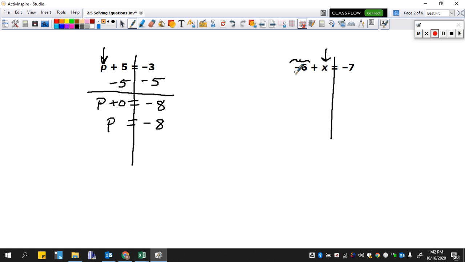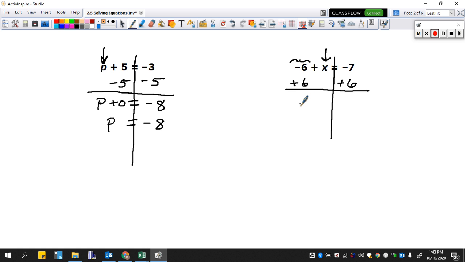The opposite of a negative 6 is a positive 6. So if we have a plus 6 on the left-hand side, we've got to do plus 6 on the right-hand side. When we simplify, negative 6 plus 6 is 0.